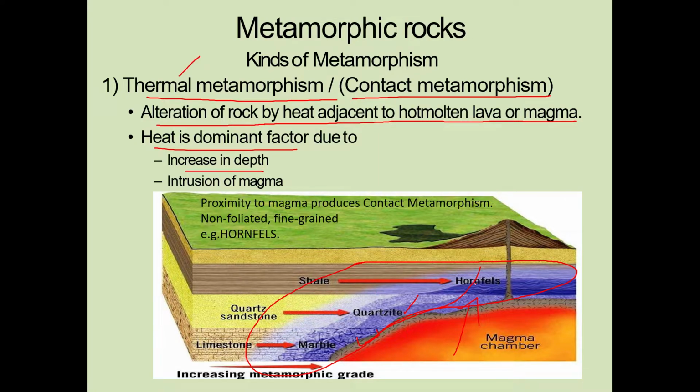Slate will turn into hornfels, quartz or sandstone will turn into quartzite, limestone into marble. Proximity of the magma produces contact metamorphism. These are non-foliated, fine-grained, like hornfels.